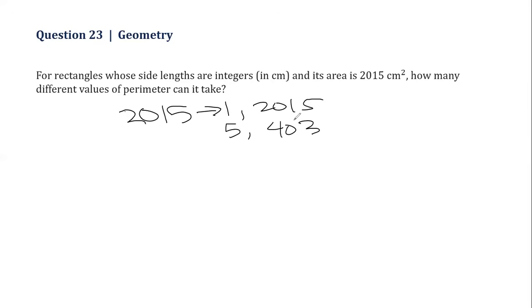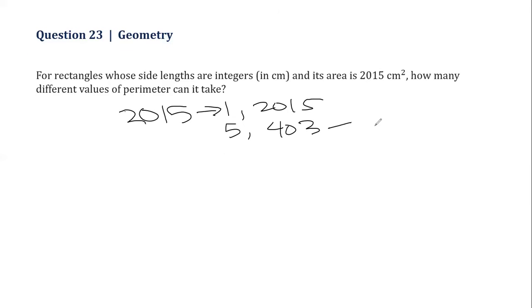403, and so 403 is apparently equal to 13 times 31.